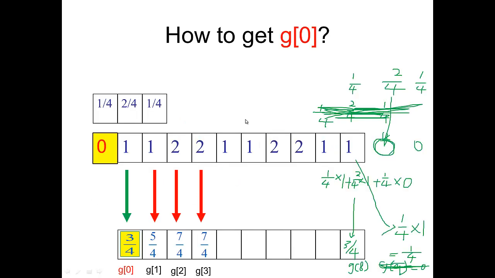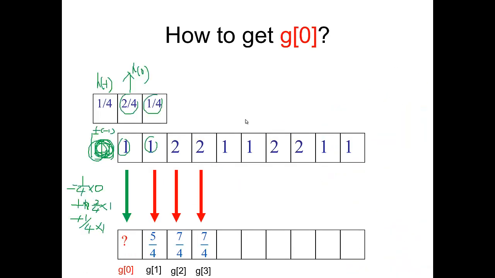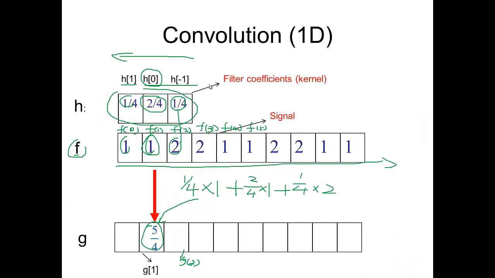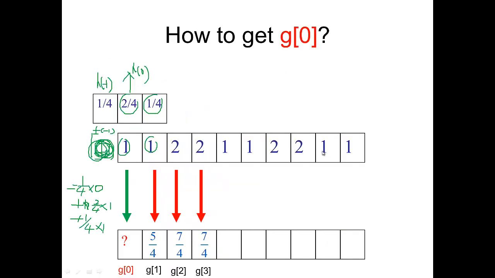Because in the one dimensional case, the filter is also reversed, starting from 1 to the negative. But for the f, it is from negative to positive. So we need to reverse the h.